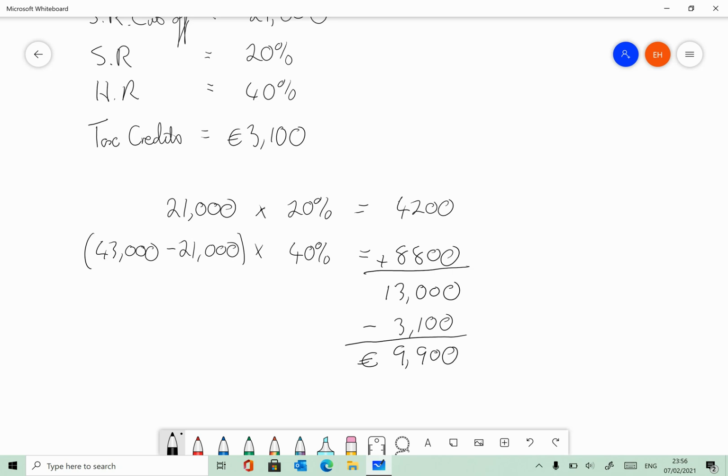Now, this is my first time teaching ordinary level maths for junior cert, and it looks like you guys, if you're doing ordinary level, may not have to deal with anything with the higher rate. So I'll have to check that for you, okay?